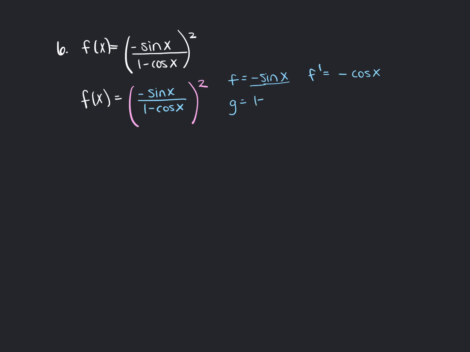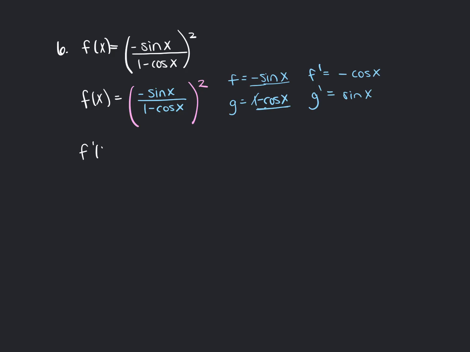If g is 1 minus cosine x, then g prime is, okay, I have negative cosine x because we know the derivative of 1 is 0. So if the derivative of cosine is negative sine, then the derivative of negative cosine is going to be positive sine. Okay? And now we're ready to find the derivative.